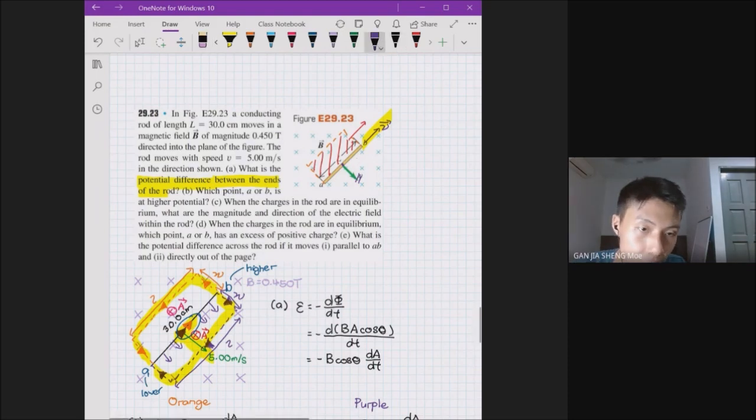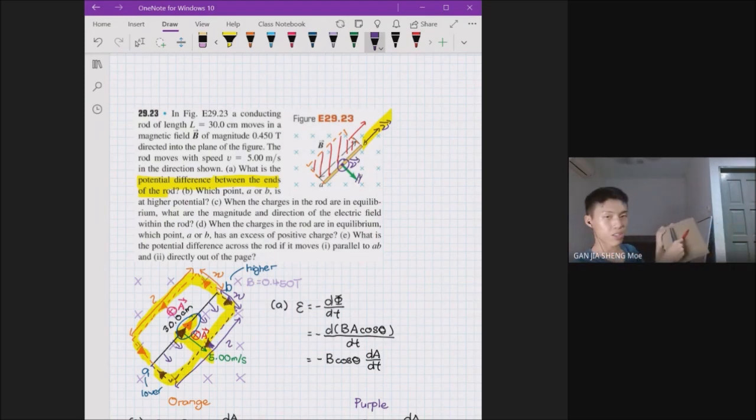If you move out of the page, if you're moving the rod out of the page, something like this, the rod is now like this, right? You move it out of the page. If you put your imaginary loop to be like this, you are bringing the whole loop in the magnetic field. The loop is not larger now, the loop is not smaller, you're not changing the area of the loop.